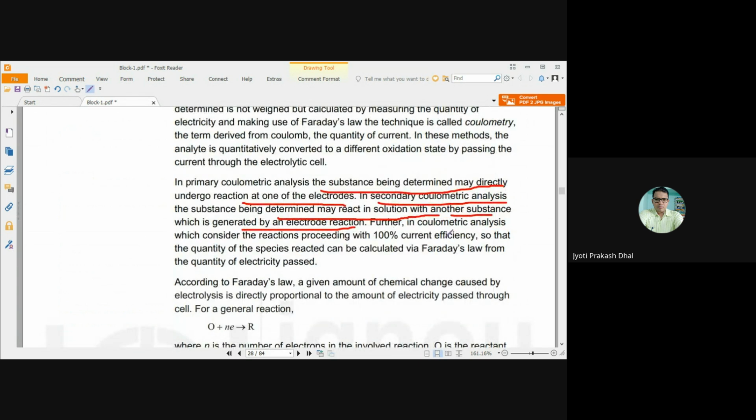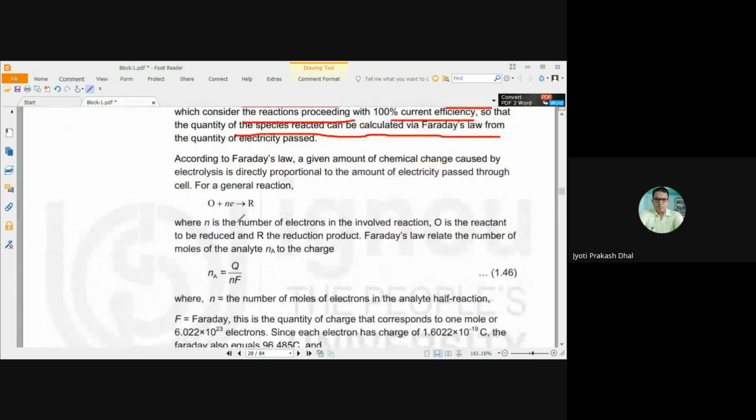Further, coulometric analysis considers a reaction proceeding with 100% current efficiency, so that the quantity of species reacted can be evaluated via Faraday's law. According to Faraday's law, a given quantity of chemical change caused by electrolysis is directly proportional to the amount of electricity passed through the cell.